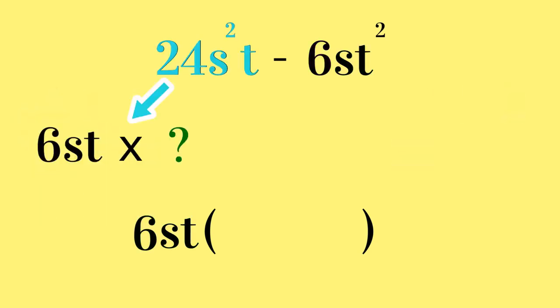To get 24, 6 has been multiplied by 4, and to get s squared t, we would multiply st by s, so 4s goes inside the brackets.